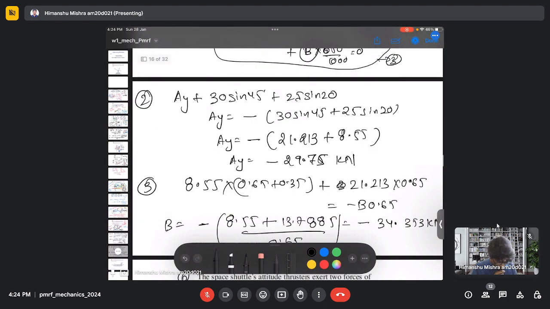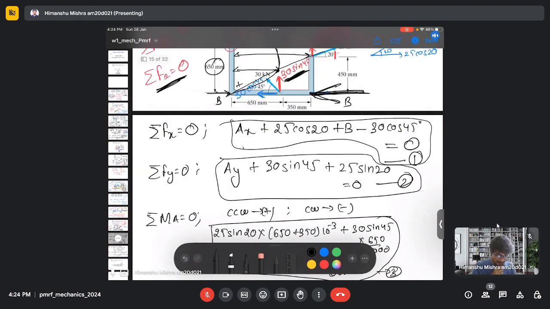Now we have left with AX only, and we can use equation 1 to calculate it.